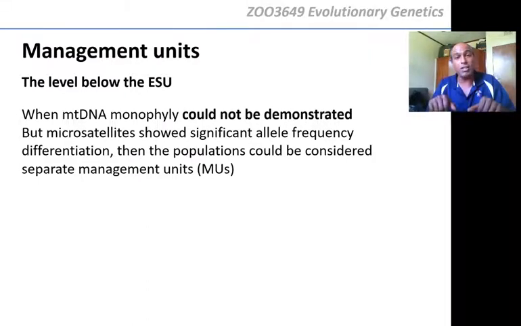So inside each ESU you can have management units underneath each ESU. Okay, and the management units, because they have not been separated for a long time, they don't have the same priority. Okay, they have a lower priority.